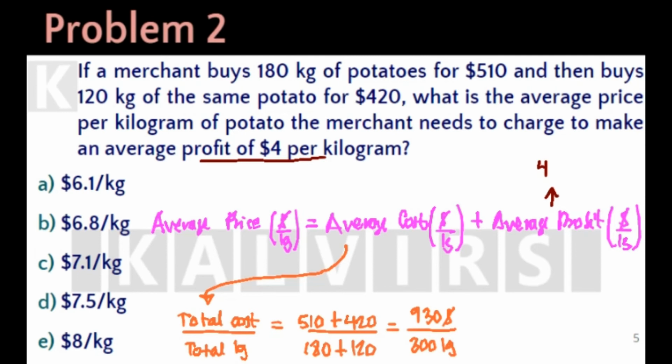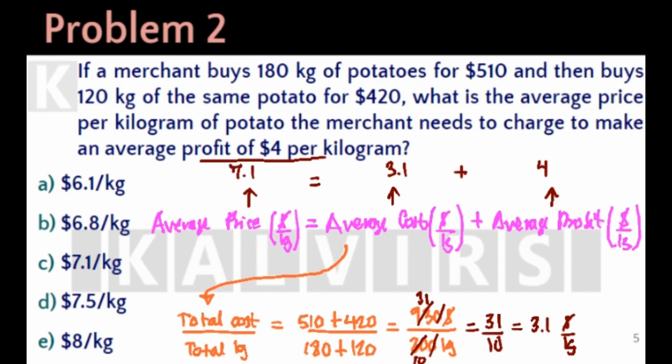We divide both numbers by 10, then by 3, so we have 31 over 10, and this is equal to $3.1 per kilogram. This is the average cost. Therefore, the average price will be equal to the sum of these two values. So the average price is $7.1 per kilogram. And the answer is letter C.